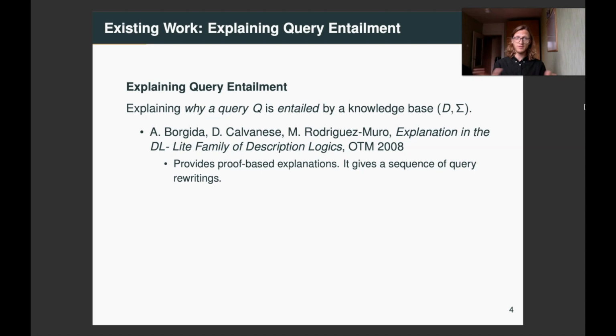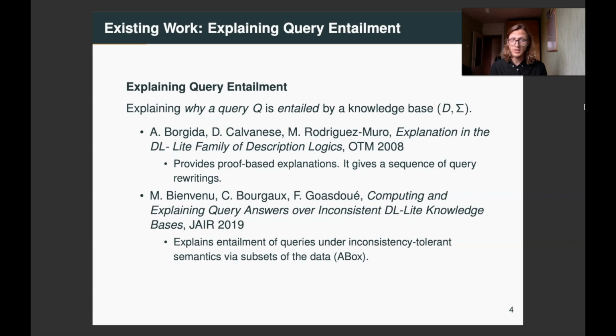But these query rewritings were based on concept constructs, and they would work just for restricted description logics. Later there was some work also explaining entailment under inconsistency-tolerant semantics. This work is a bit closer to the flavor of our work. That is, explanations are provided as subsets of the data, or the A-box in the description logics context.